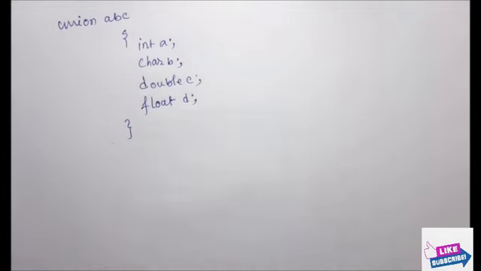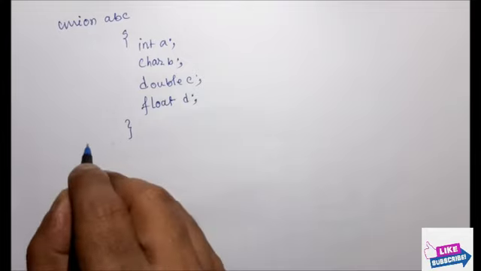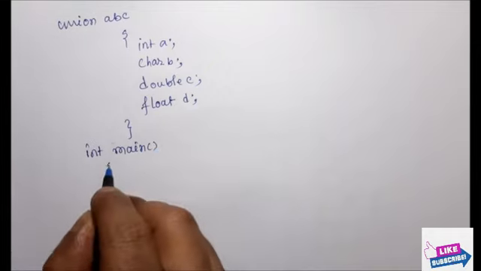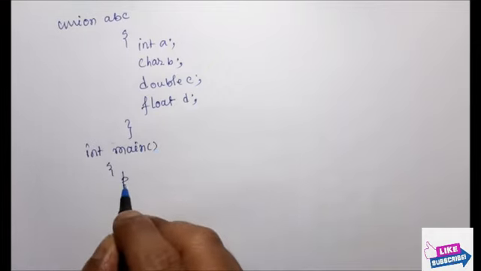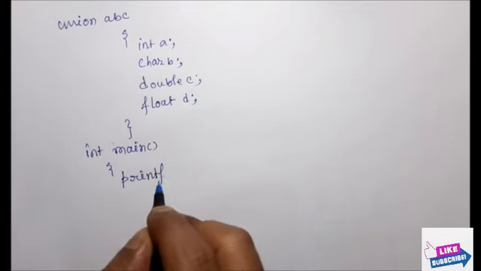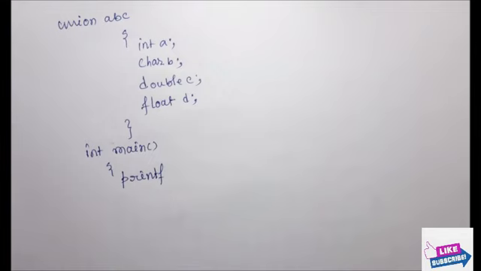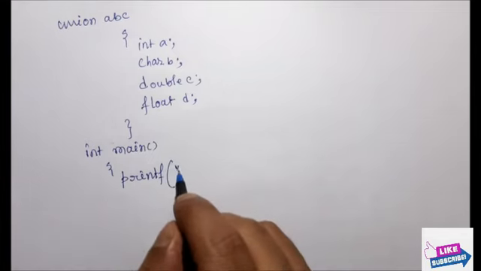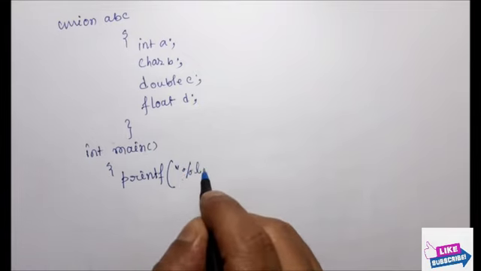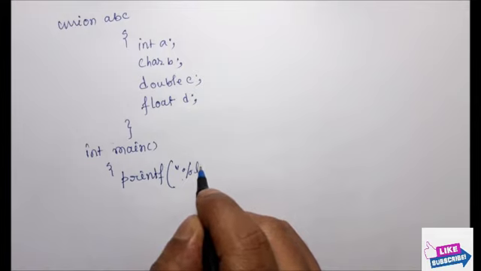Then if I want to get the size, we already know how to find the size of a union. So, int main, I am writing the full program so that you can get clarity about this example, and you are also able to get the size of individual members as well as the size of the union. For example, I want to get the size of D, or sizeof is always an integer.